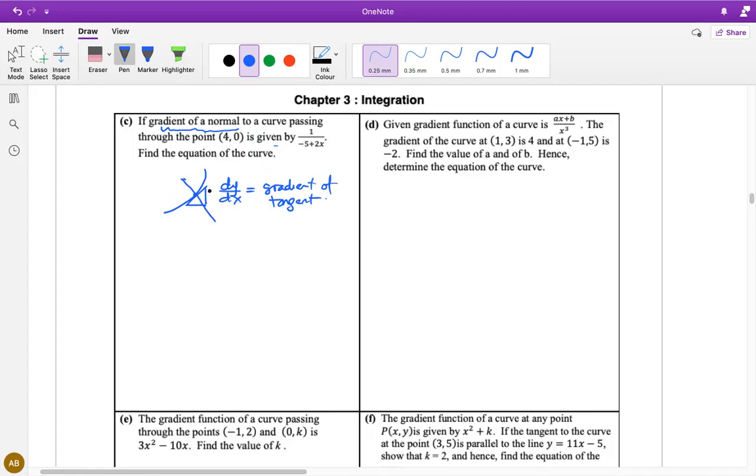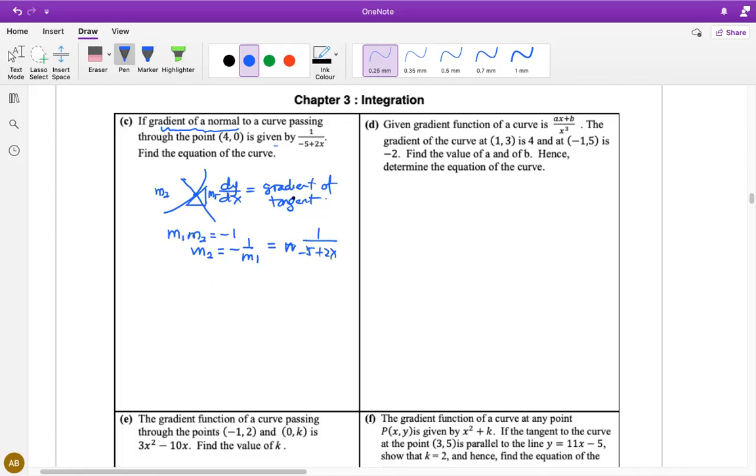So this is m1, this is m2. m1 times m2 equals -1. So given you m2, m1 is -1 over m2, equivalent to -1 over (-5 + 2x).